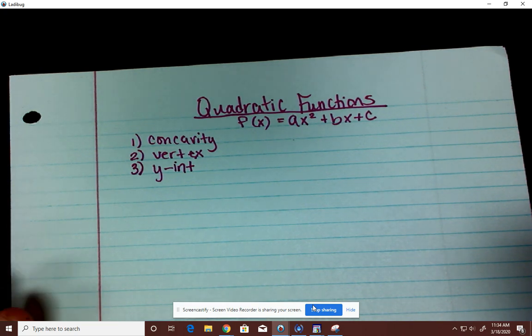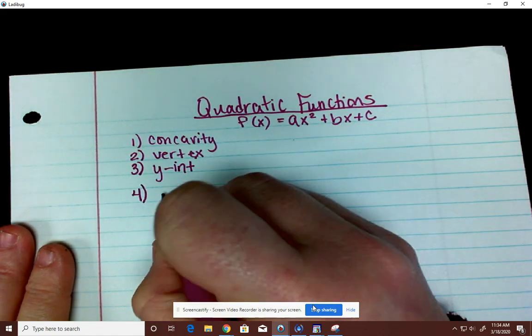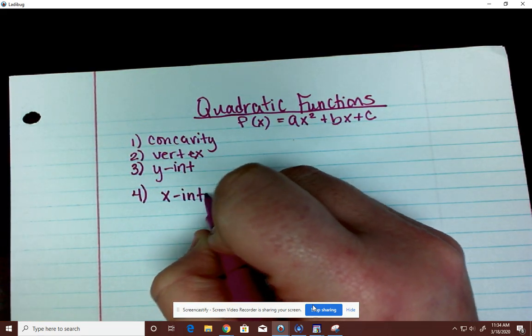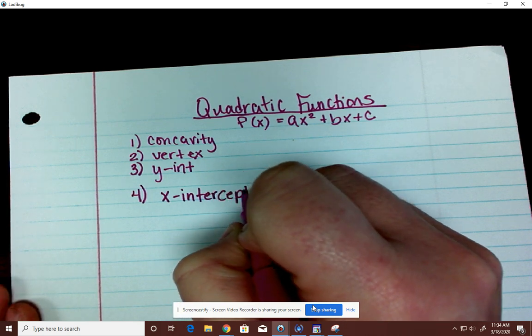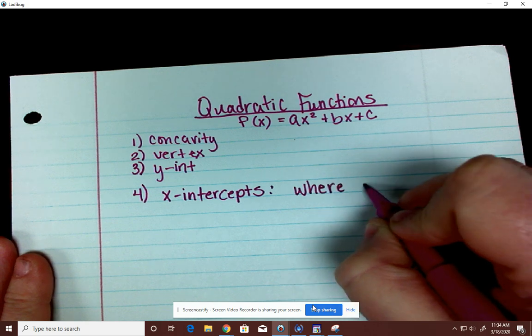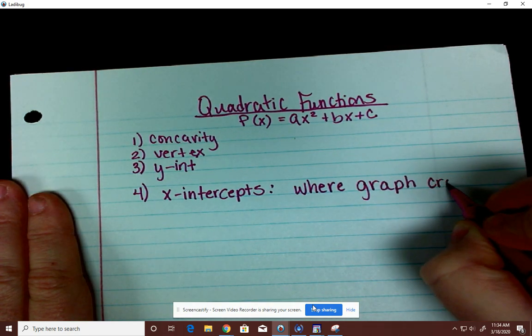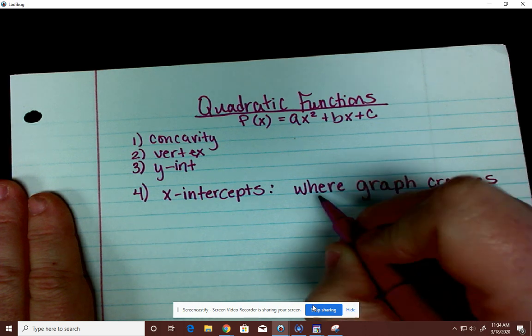Then the y-intercept was 0, c. And so what we're going to look at today are x-intercepts. This is where your graph or your parabola crosses or touches the x-axis.